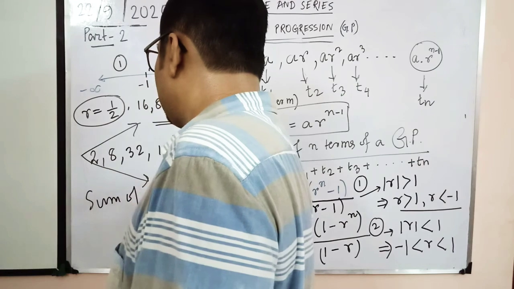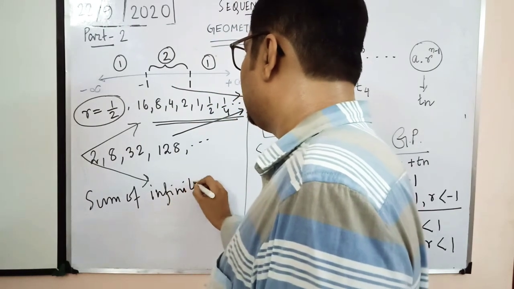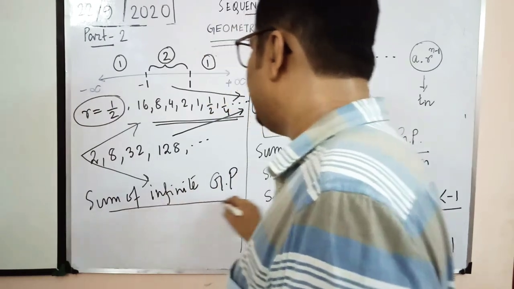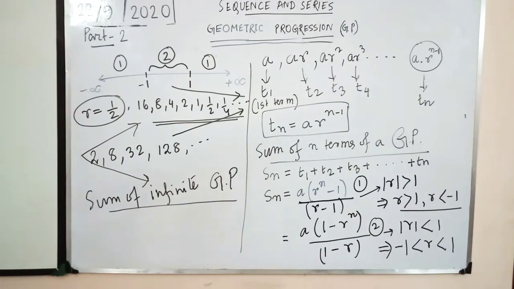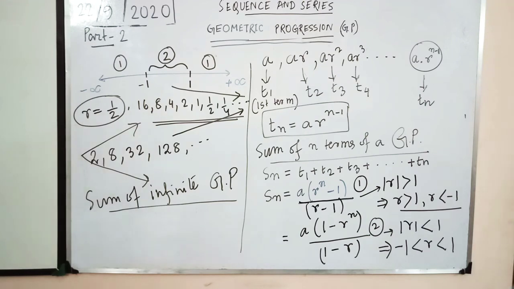Sum of infinite GP. Sum of infinite GP means there are infinite terms in the GP series.